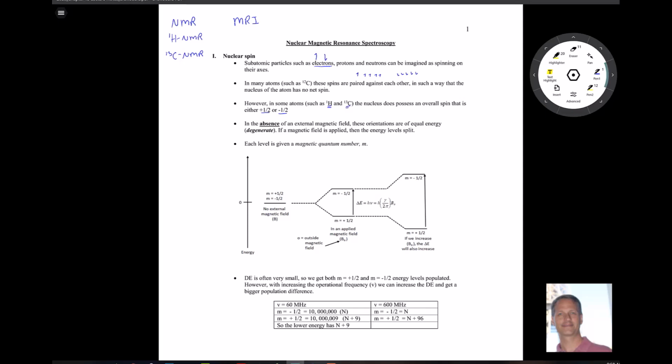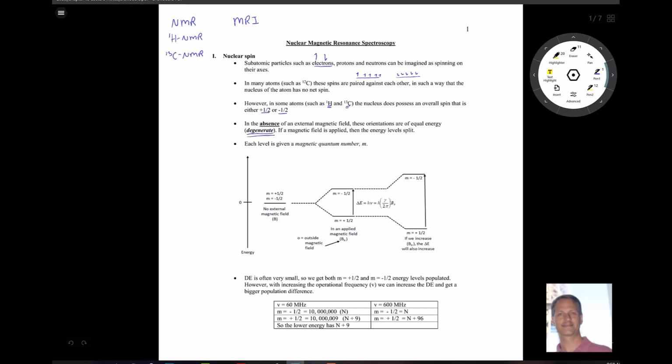Now, here's the important thing. In the absence of an external magnetic field, the orientations are of equal energy. So if you look above, with 6 up and 6 down, those would have the same overall energy in the absence of an external magnetic field. And when they have the same energy, in chemistry, we say that they are degenerate energy levels.